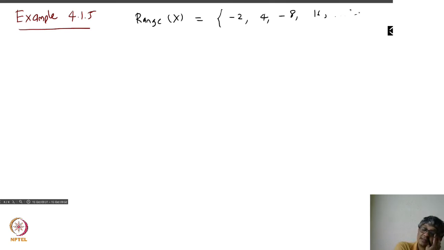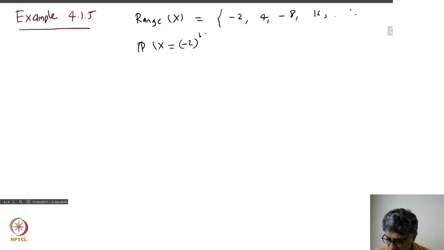That is, it's minus 2 to the power k. I do the same thing with the same distribution: X takes the value minus 2 to the power k with probability 1 over 2 to the power k. It's obviously a probability distribution because the sum for k from 1 onward sums up to 1, a geometric series.